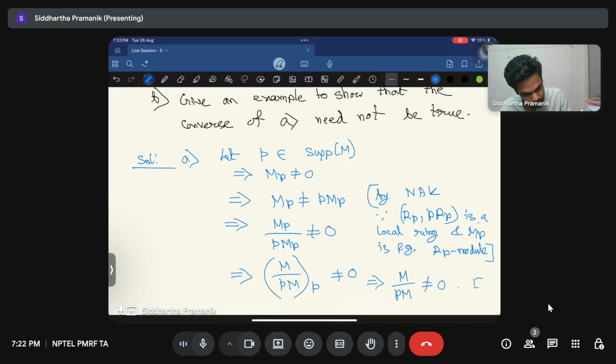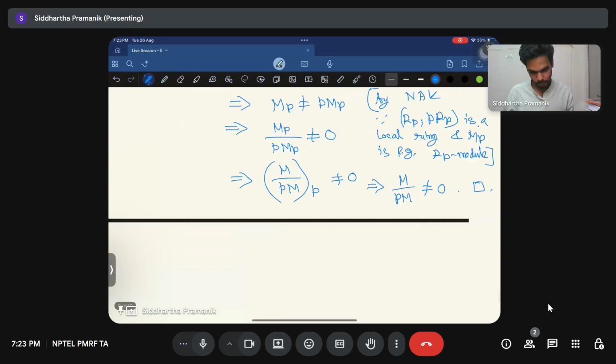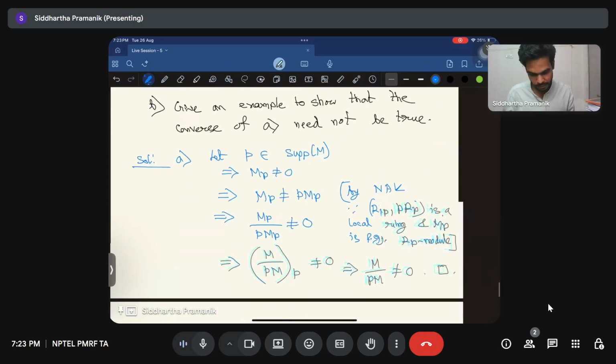And this proves the first part. So this is basically an application of Nakayama's lemma. Nakayama's lemma is a very powerful tool actually, but when we read it for the first time, we may not realize how powerful it is. So this is very easy actually.